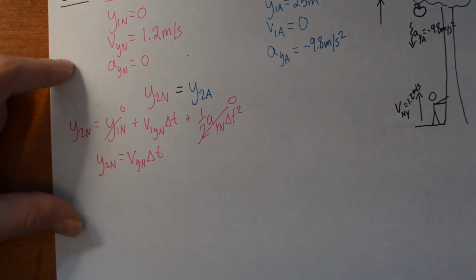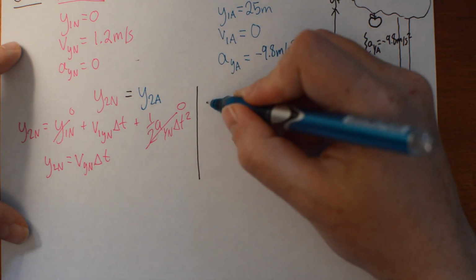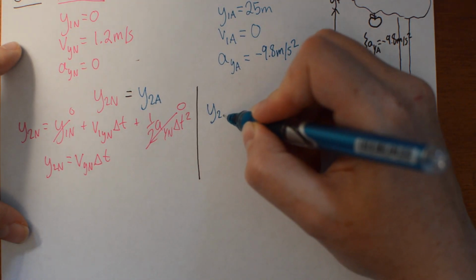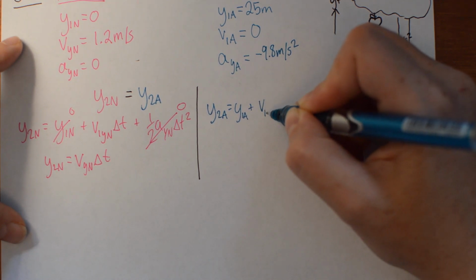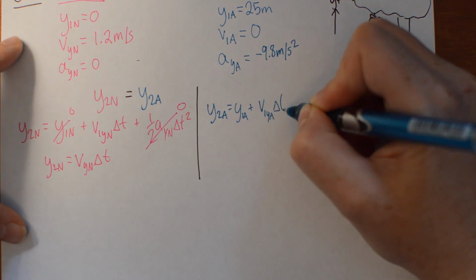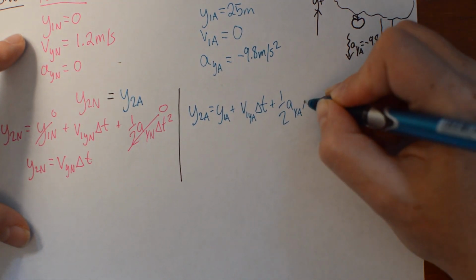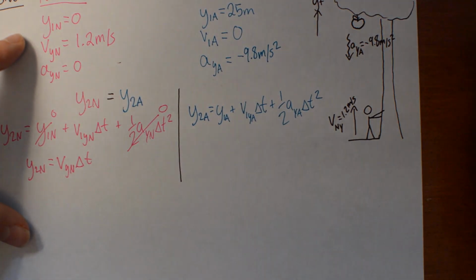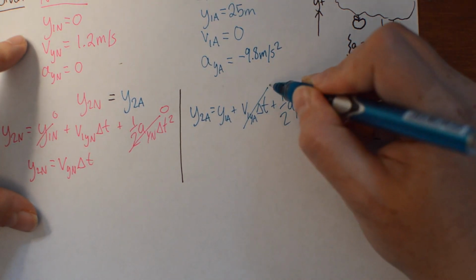Let's do the same thing for the apple. So the y2 of the apple is going to be y1 of the apple plus v1 y of the apple times delta t plus a half ay of the apple delta t squared. What's zero here? In this case, v1 of the apple is 0.